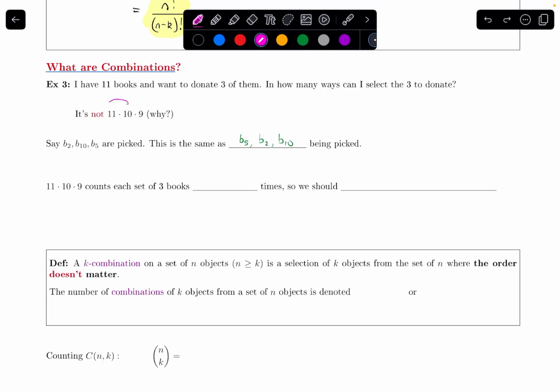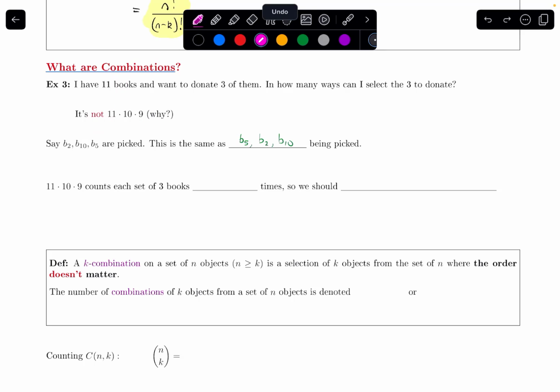However, this quantity 11 times 10 times 9 counts these 2 orders as different. Because 11 times 10 times 9 is saying that there's 11 choices for the first thing, and then that leaves 10 choices for the second thing. So it's implicitly saying what's first and what's second and what's third matters.